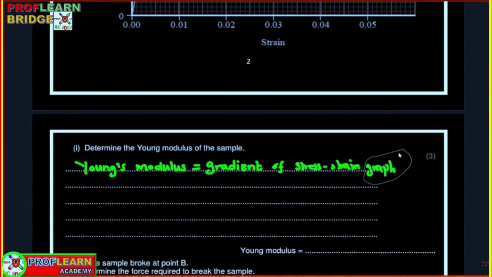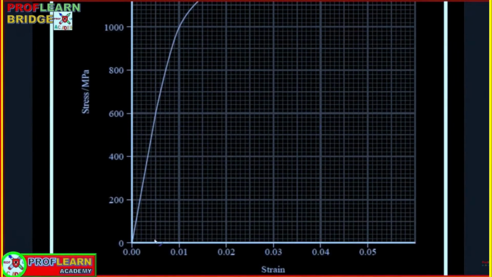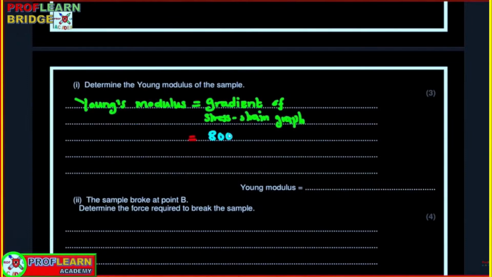So we are going to work out the gradient in the section whereby we draw a right angle triangle, then we find rise and run. Our rise is actually 800 times 10 raised to the power 6, and for the run, we understand the scale that is used here, and then we can work out the gradient.